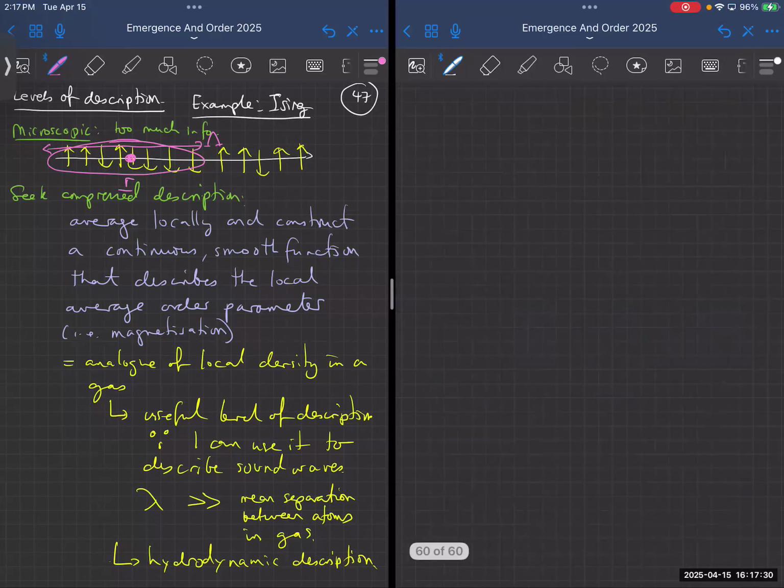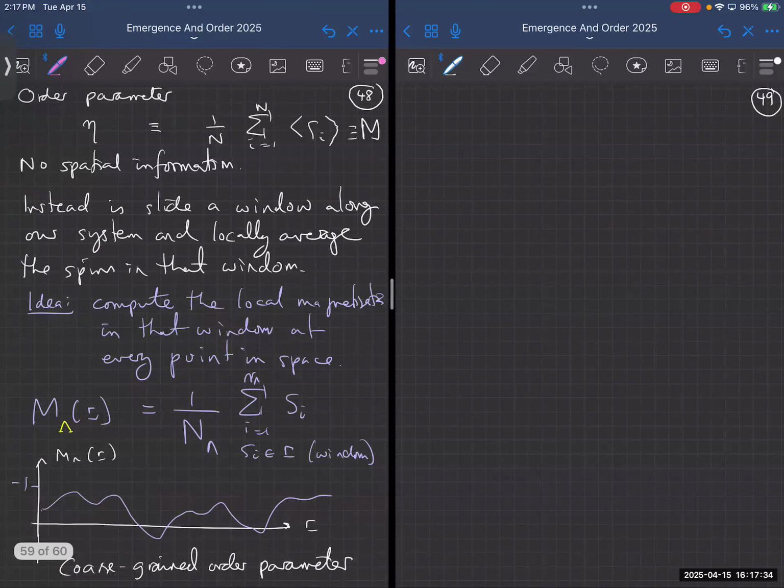Okay, so that's great. So now we want to ask a statistical mechanics question. So in statistical mechanics, what do we always ask?